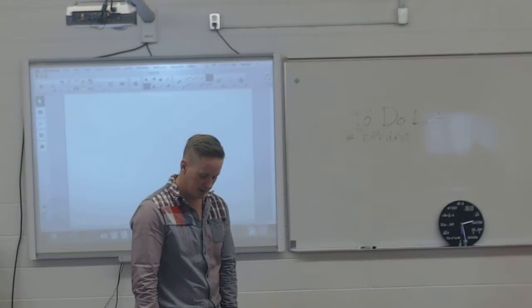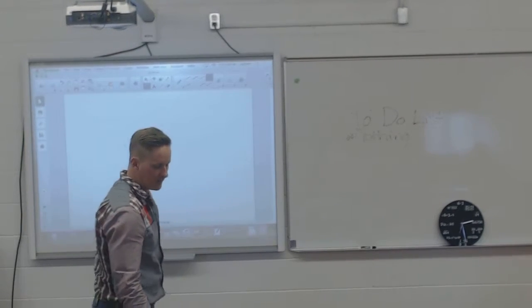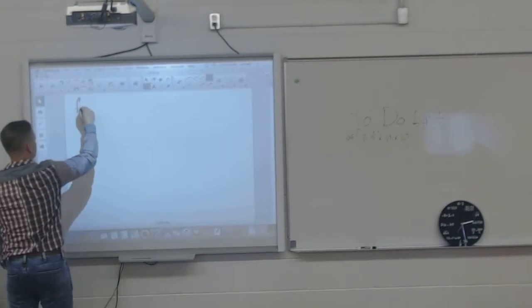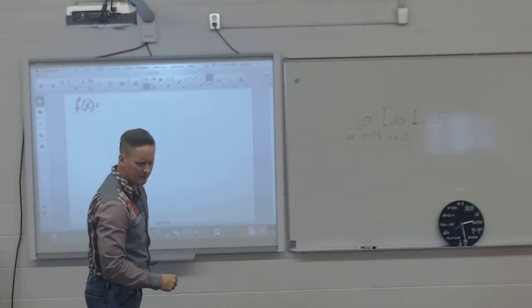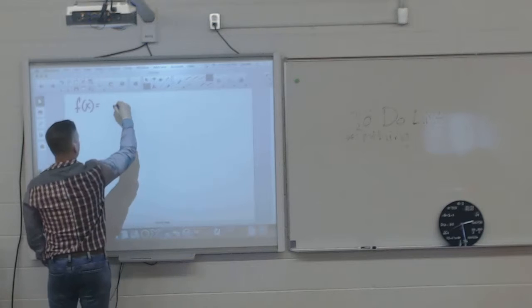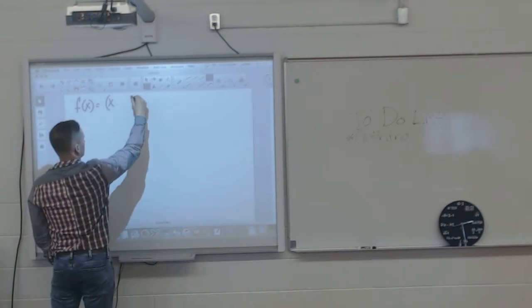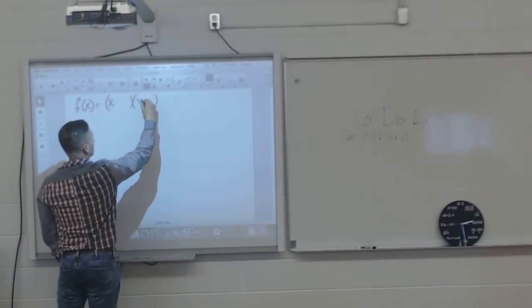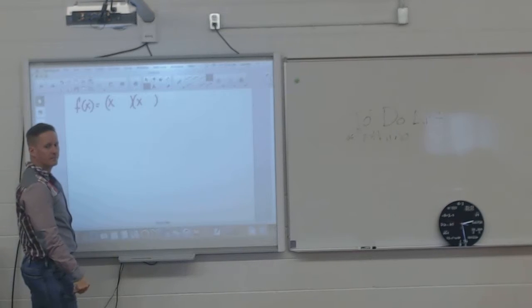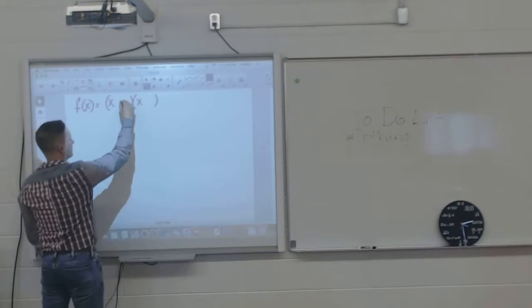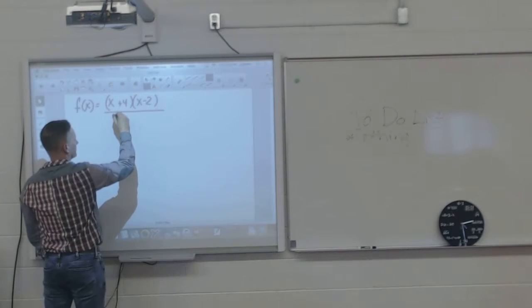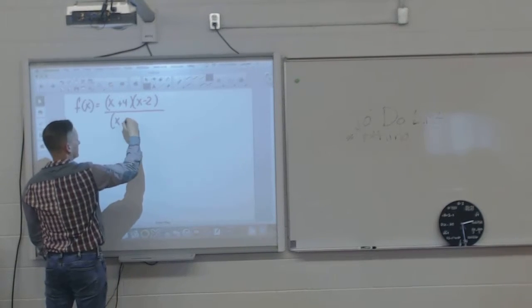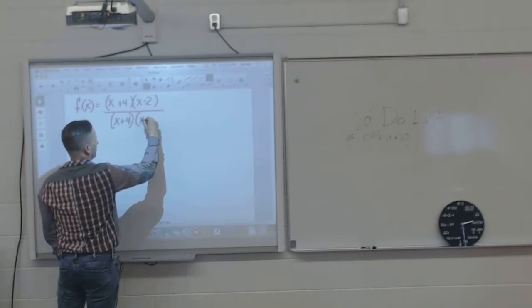All right, so let's look at 308. f of x is equal to... factor the top, please. x plus 4, x minus 2. Factor the bottom: x plus 4, x plus 1.